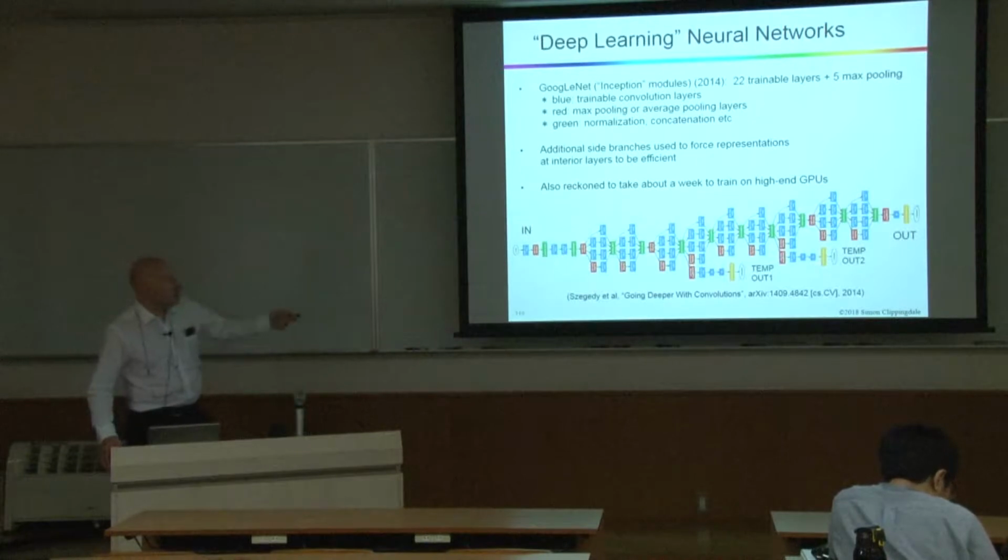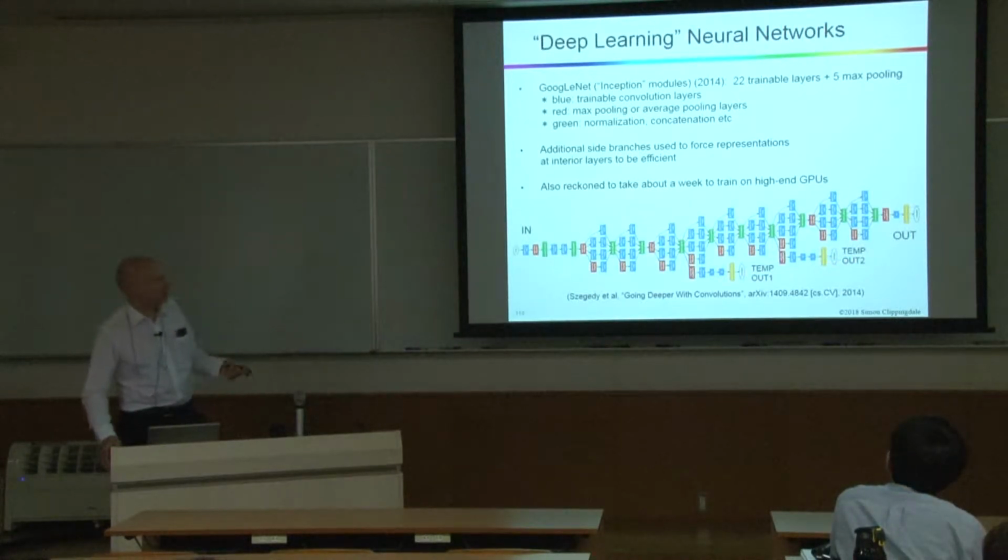So what they did was they had these couple of temporary outputs down here, and first they trained the network up to here with this side branch here to ensure that they got efficient, reasonable representations at this kind of stage here. Then they used this output and trained the network down to here, and then they finally trained the whole thing up. Okay, so that was 2014.